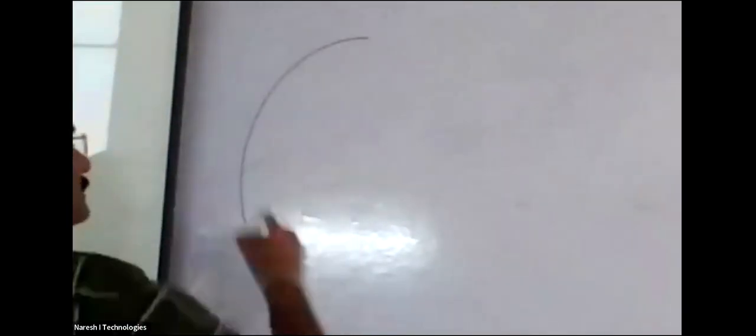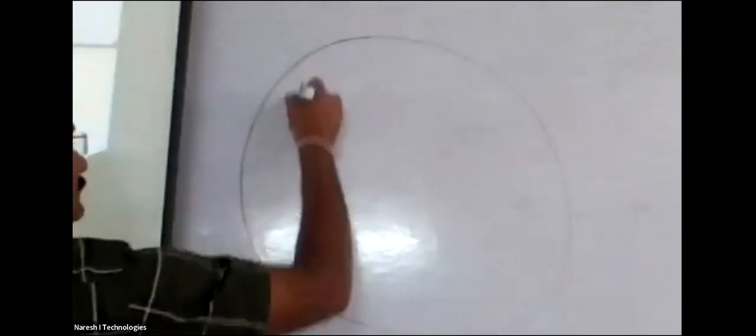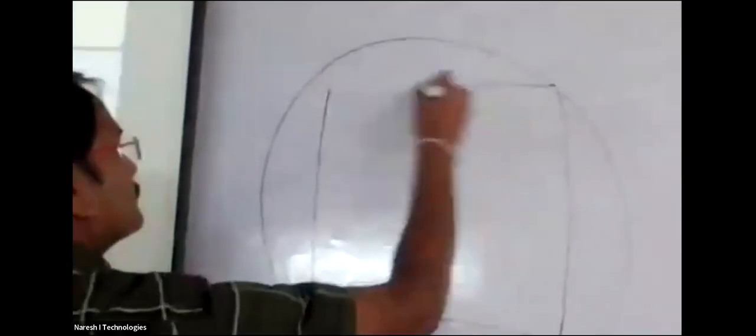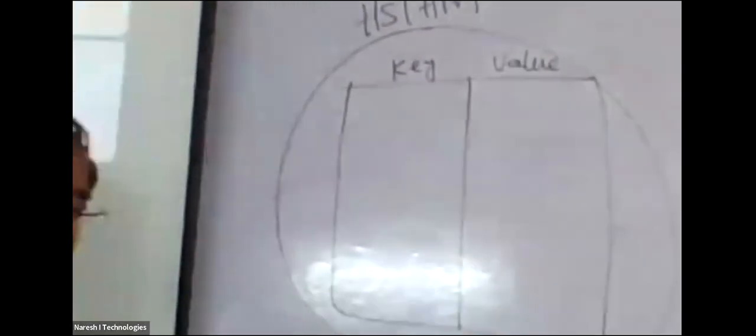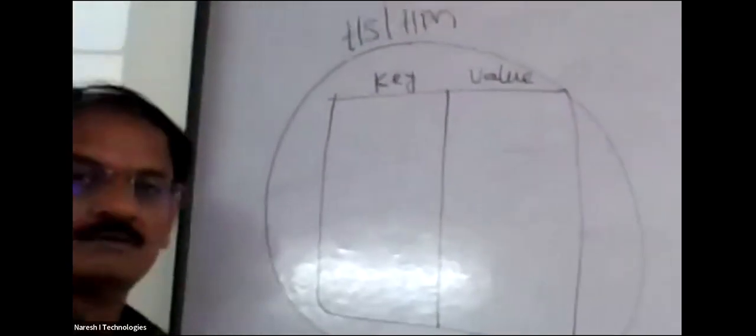First, what happened? A hash map object is created. This is my hash map object, which contains a hash set object, which contains what? Table. Hash set or hash map, anything is okay. This is the key, and this is the value. Okay.